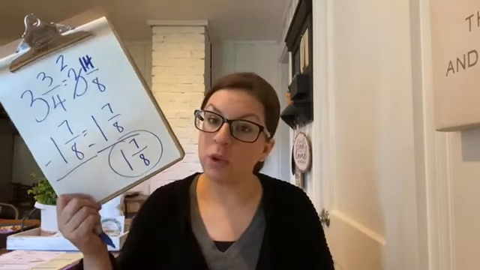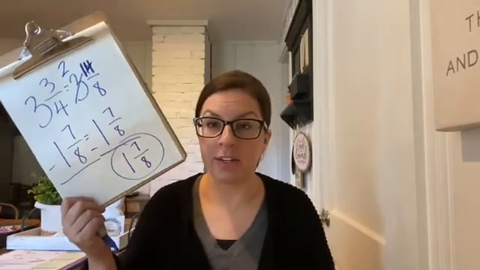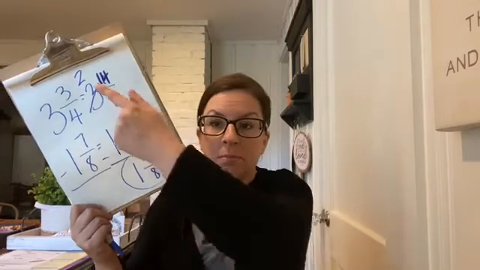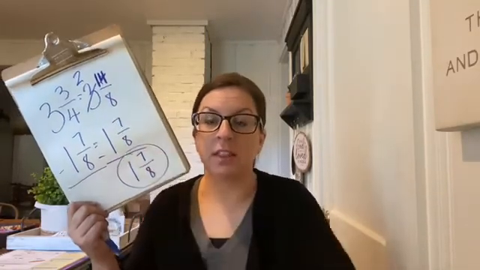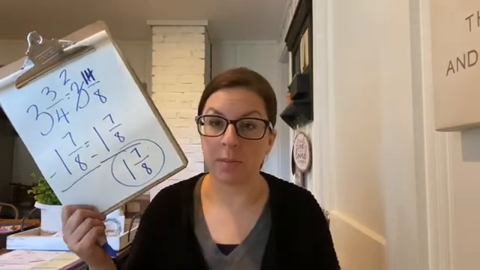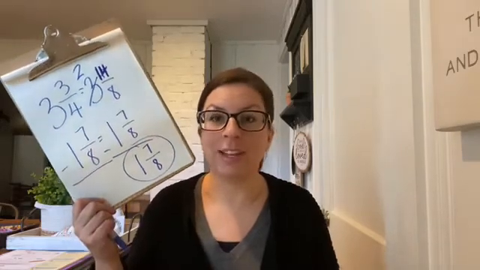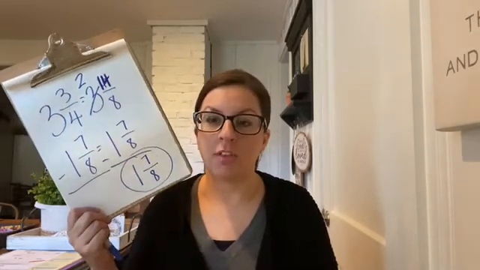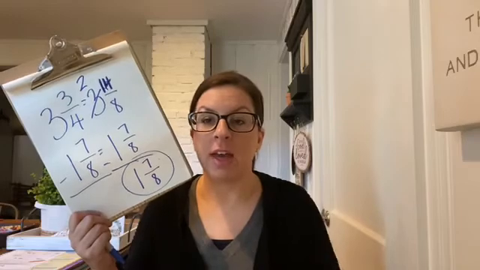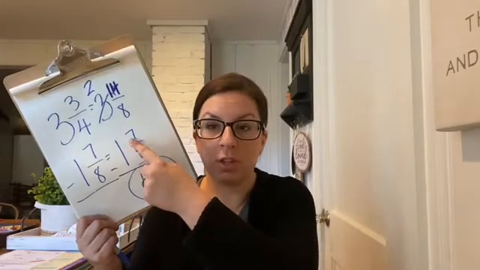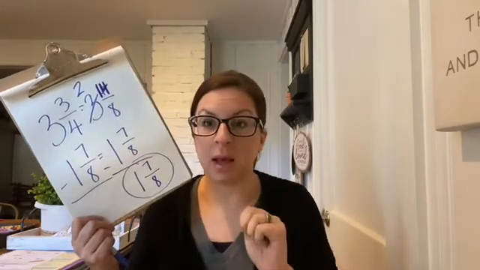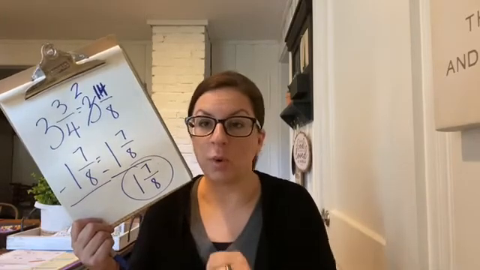Okay, so there are a few steps, but you do the same thing every time. You first make sure that the fractions have the same denominator. If they don't, find the least common denominator of the two of them. Make sure that you do the same thing to the top that you do to the bottom in order to make it equivalent.